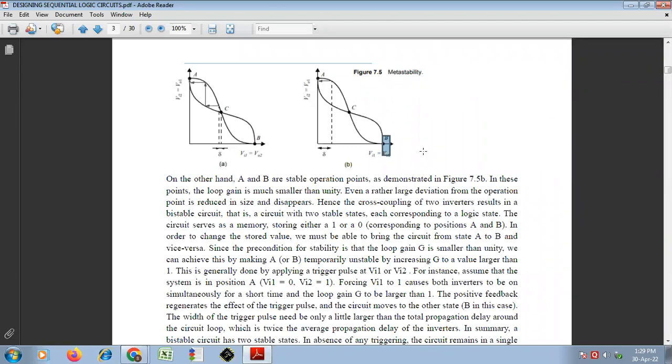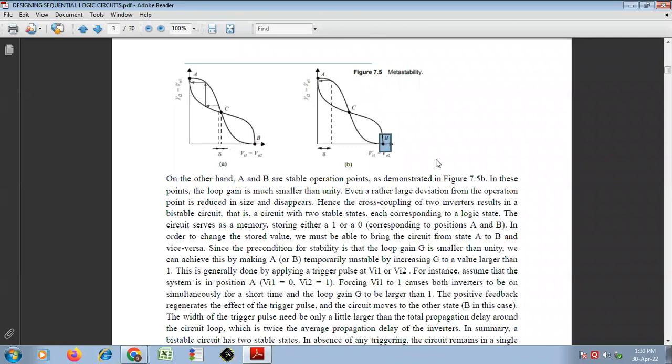Hence the cross-coupling of two inverters results in a bistable circuit. This placement of two inverters one after another is called cross-coupling. Why bistable? It has two stable points, A and B, and C is always unstable.